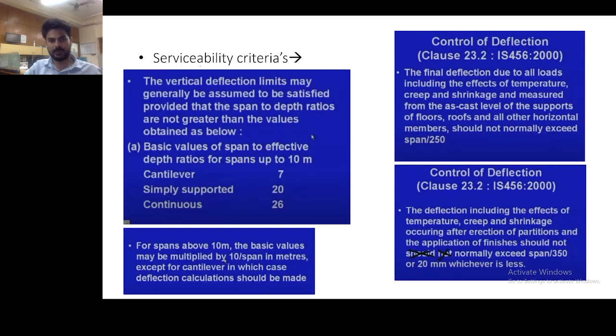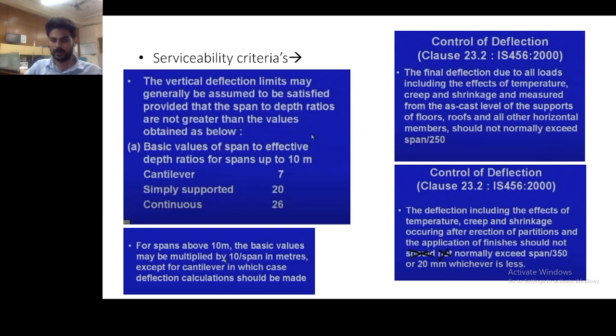Now, the serviceability criteria. So what is the serviceability criteria? Till now we were looking at the collapse criteria, like when the beam will fail, what is the moment carrying capacity of the beam. But the serviceability criteria is also important, where we check how much deflection is allowed in any member, and that cracks should not be there.